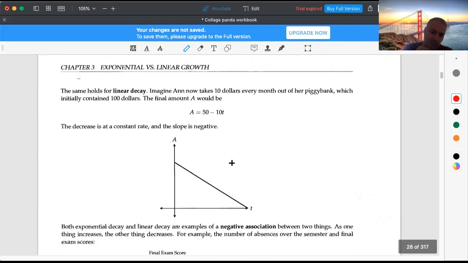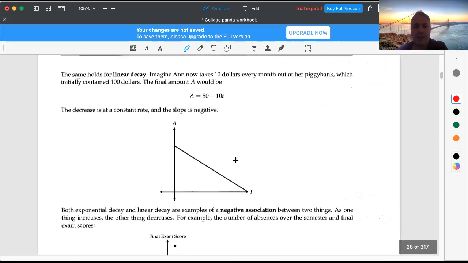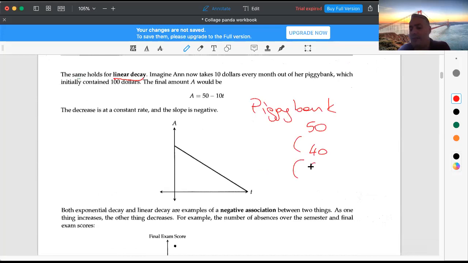Now let's go on. It's a little bit theoretical, I know, but we will start the examples. So what is linear decay? Same thing, but opposite. So imagine in your piggy bank, okay, you have $50, but every month you are taking and spending this money. So after the first month 40 is left, after the second month 30, after the third month 20.